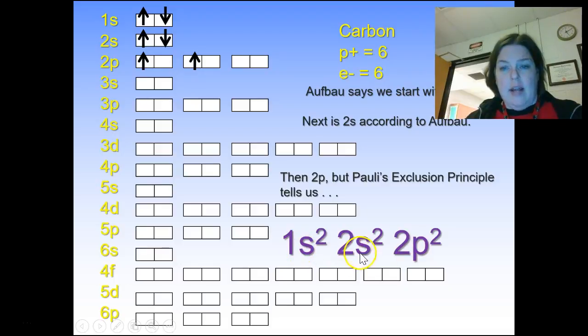The s and the p are the L, the sublevel that it's being applied to. The little superscript 2s, they're not squares. We're not in math. It's not 1s squared, it's 1s2. But those are the electrons, and if we add them up, 2 plus 2 plus 2, that equals 6. So that's the electron configuration.